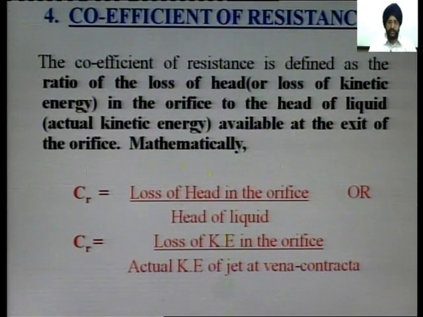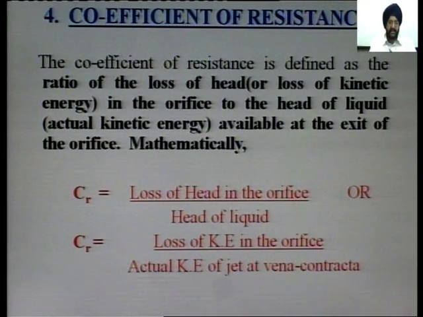The last coefficient, the coefficient of resistance. This coefficient of resistance is defined as the ratio of the loss of head in the orifice to the head of the liquid available at the exit of the orifice. There are basically two definitions of this coefficient. The first one is the loss of head in the orifice to the head of the liquid available at the exit of the orifice.